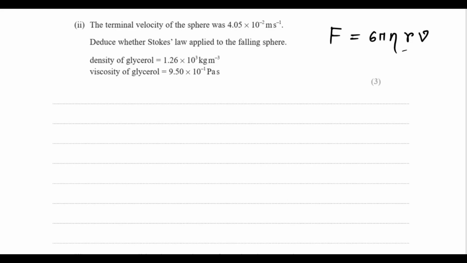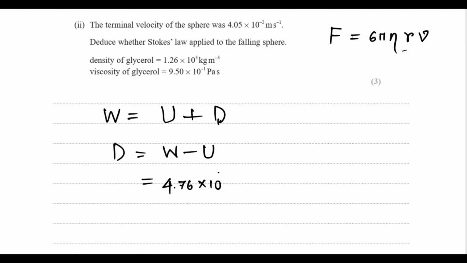Then when terminal velocity is achieved, W equals upthrust plus drag force. So drag force equals W minus upthrust force. Weight is 4.76 into 10 to the power minus 3 Newton.